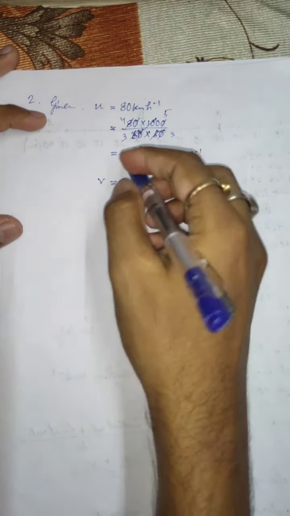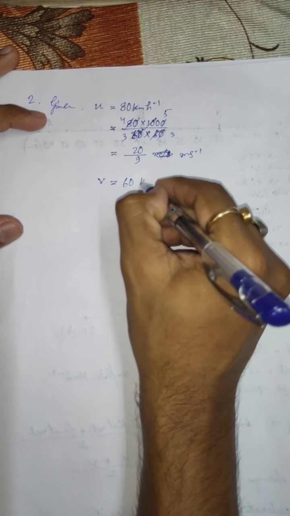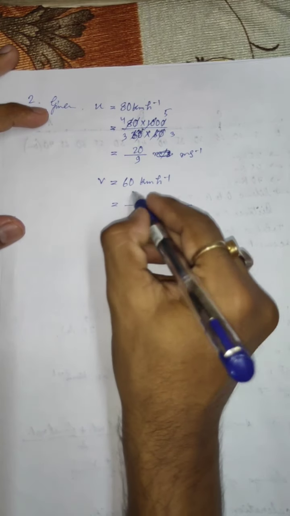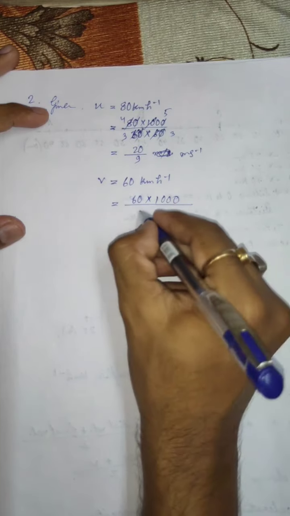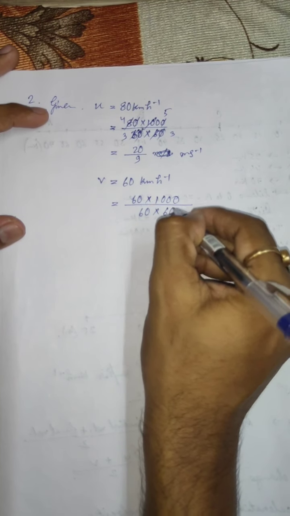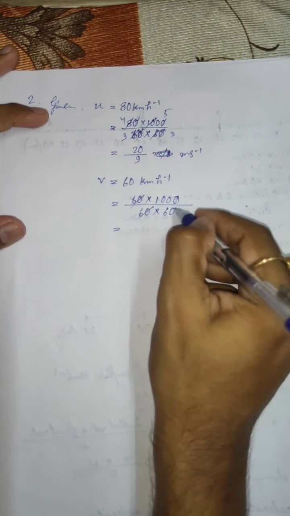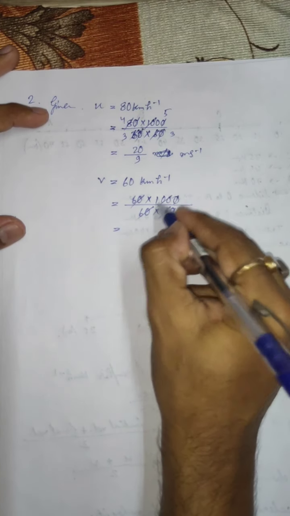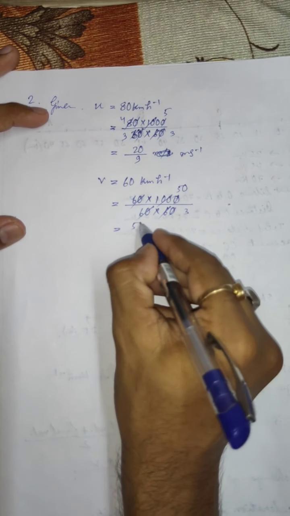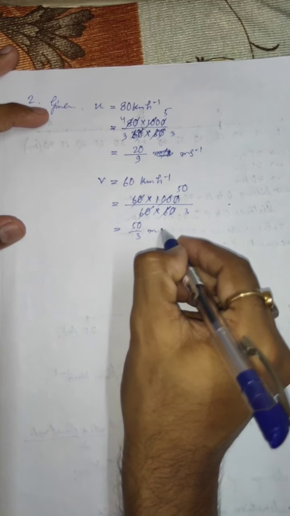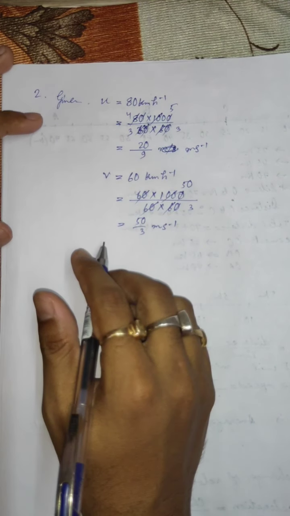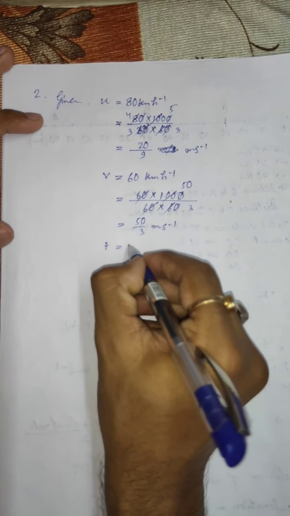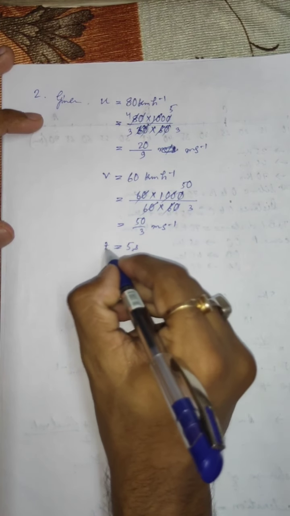Then the final velocity is given as 60 km per hour. Again convert this. The answer is 50 by 3 meter second inverse. Now time is given, it is 5 seconds.